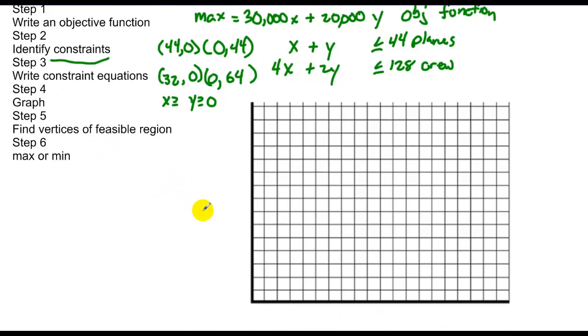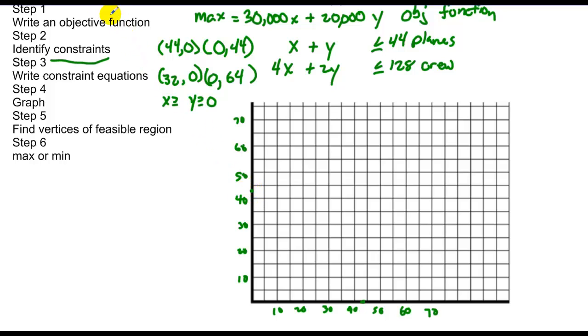And I'll scale this appropriately. So I'll go by 5. So every 2 is a 10, 20, 30. Scaling is kind of important so your graph isn't too small and you get proper intersections. So I'm going to graph 44 and 0, 0 and 44, that's roughly here and roughly here.